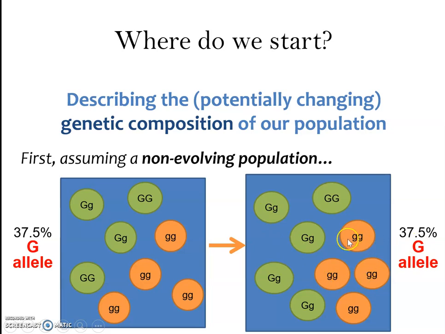We might have more, or in this case, fewer homozygous dominance and more heterozygotes, even having the same allele frequency. Okay, so this is a population that's not evolving. The allele frequencies didn't change. How did we get the individuals in this second blue box? We got them by random matings in this first blue box.